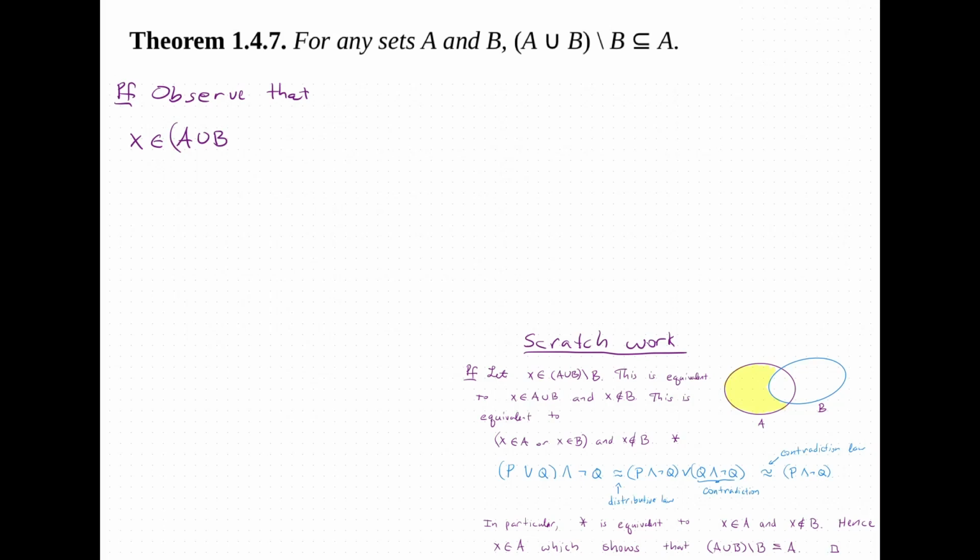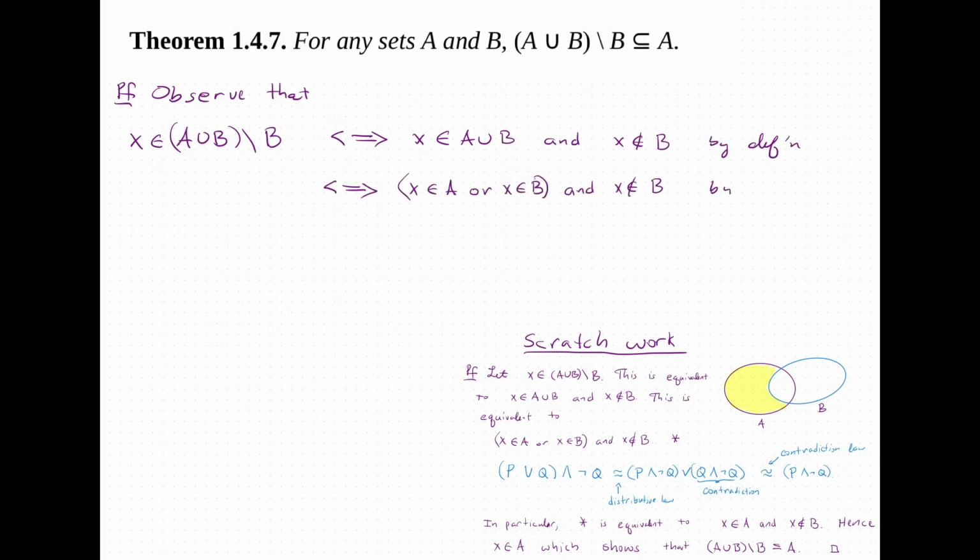And now we have that this is also equivalent to X in A, and then parentheses, of course, or X in B, and X not in B. And once again, this is just the definition of what it means to have a union.